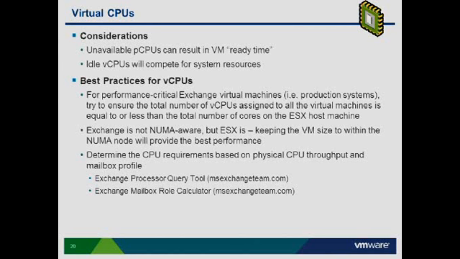An example, and this performance study is out there on VMware.com, vSphere 4.1 in Exchange 2010. That test was done on a 12-core server with 96 gigs of RAM. The recommended RAM configuration for the virtual machine per the mailbox calculator was 72 gigs, so that's going to span 2 NUMA nodes.